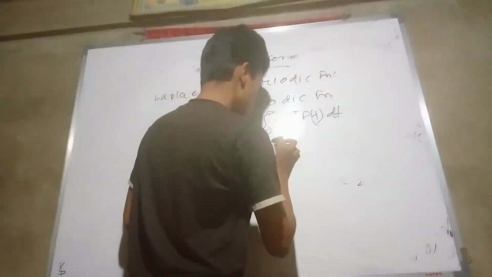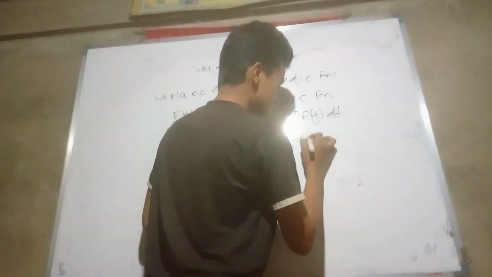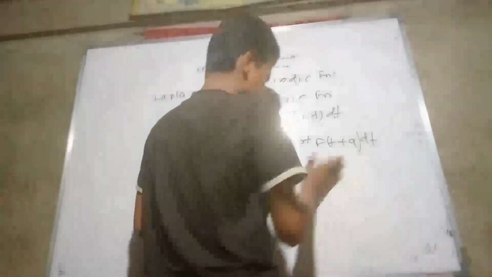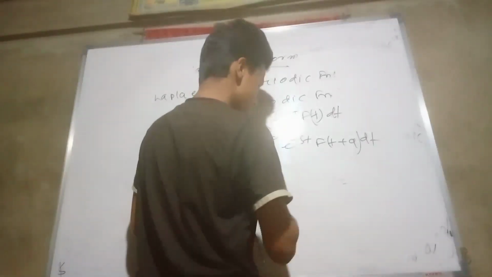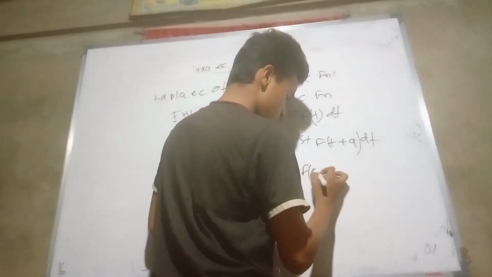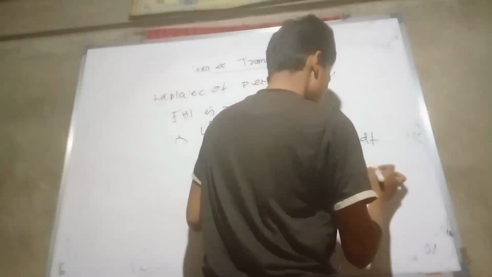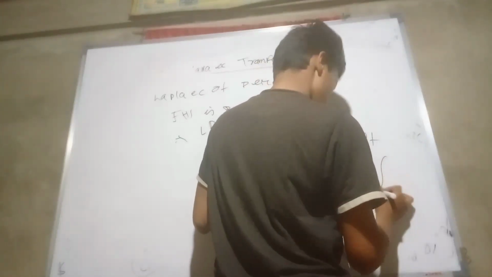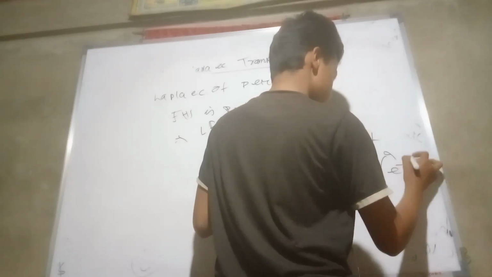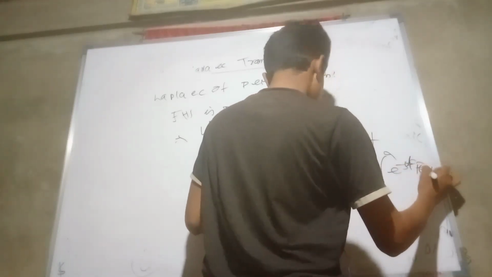Since f(t) is periodic, so the integral from 0 to infinity of e^(-st) f(t + a) dt. So I am breaking it into two parts. Since here is an interval, we can write it as the integral from 0 to a of e^(-st) f(t + a) dt plus the integral from a to infinity of e^(-st) f(t + a) dt.